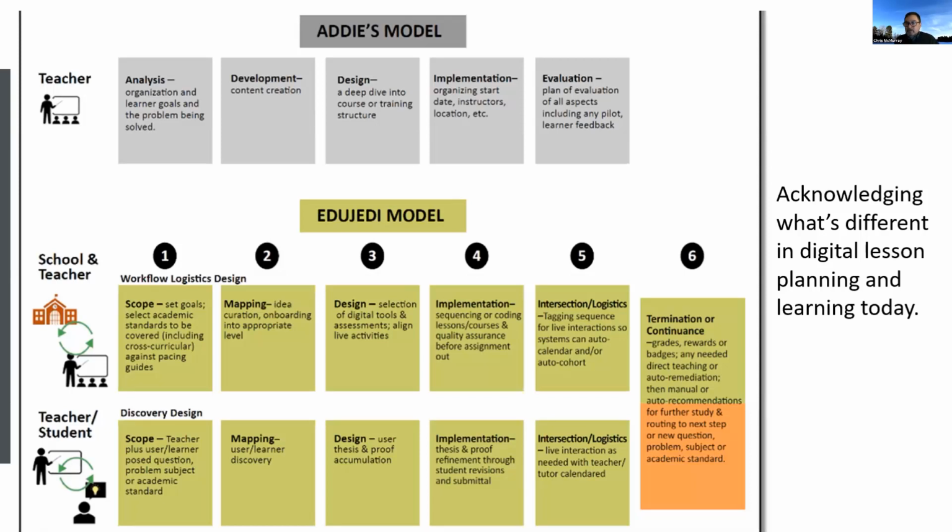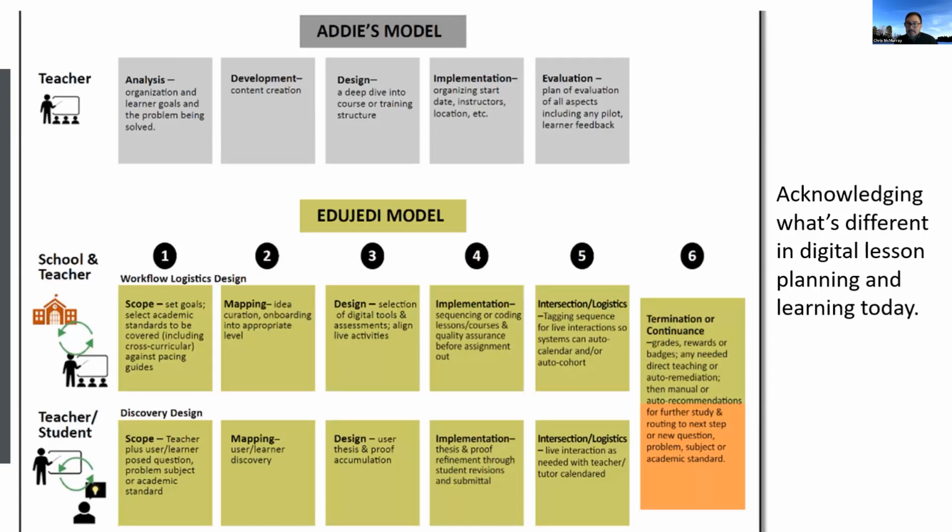It's 45 years old, and yet it's designed around the teacher, and it's designed around what the teacher does. And it's primarily designed around planning for teaching, except that in reality, what we should be doing is planning for learning and designing for learning. And so we want to use a model that's created in that light, and the EduJedi model is.